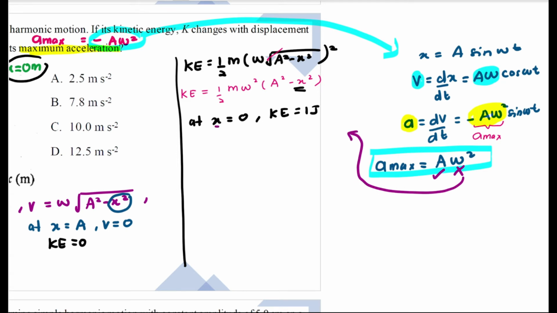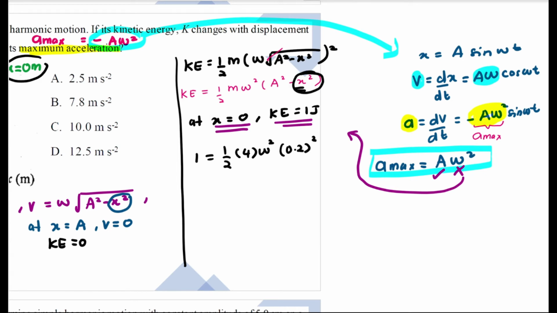So, now at X equal to 0, kinetic energy is equal to 1. So I will substitute. 1 is equal to half, M is given as 4, omega squared we want to find, A we already have earlier, 0.2 squared.